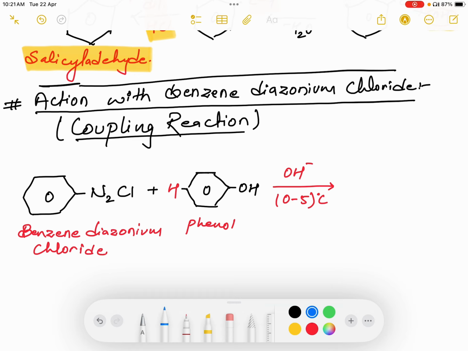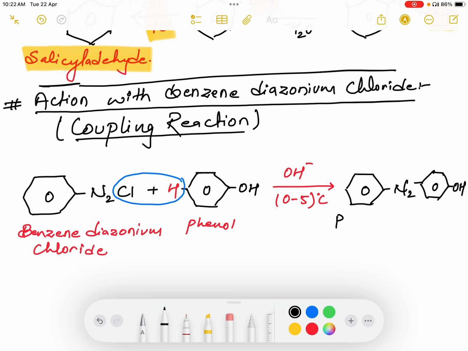What will exactly happen is the H from here and the Cl from here will be liberated as HCl, and these two reactants will join together to form a new product that is something like this: N2, and here you'll have an OH group, along with the liberation of HCl.